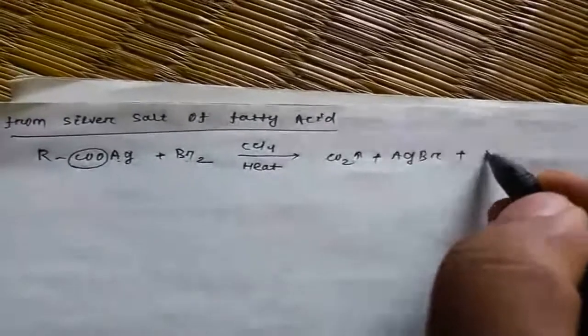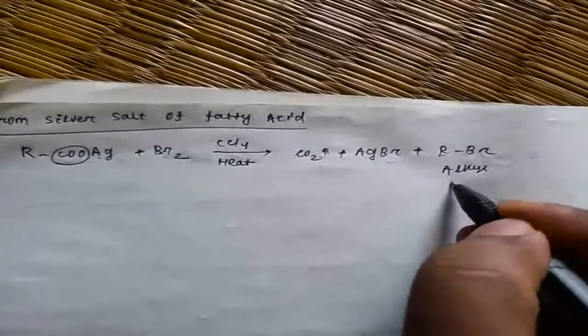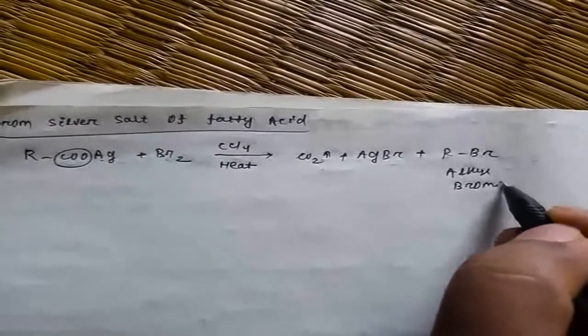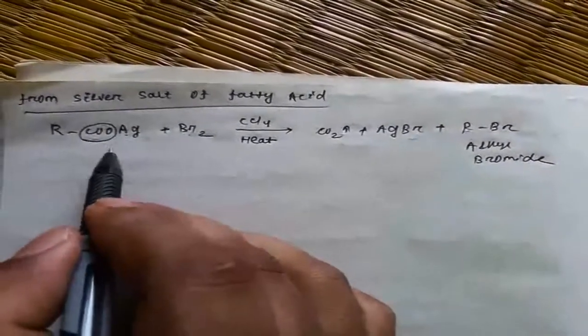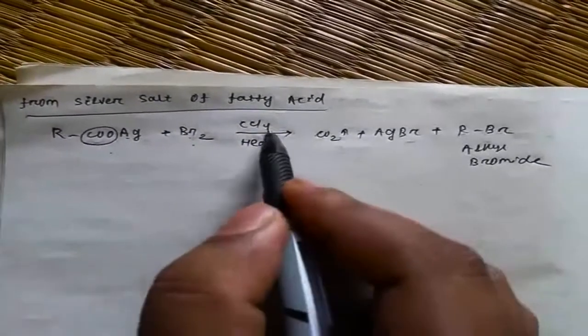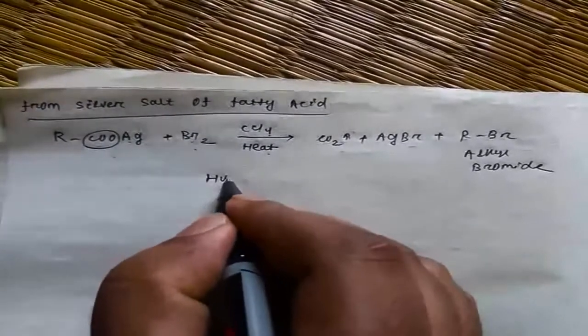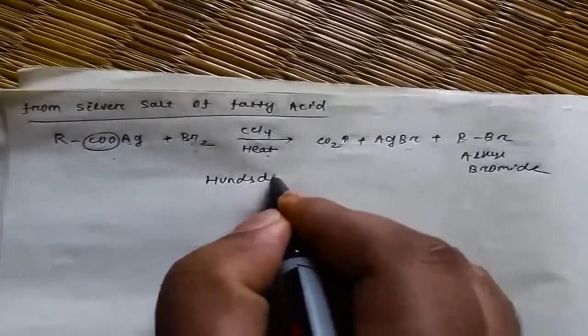The remaining is RBr, that is alkyl bromide. So the theory is silver salt of fatty acid reacts with bromine to give alkyl bromide in presence of CCl4 followed by heating. This reaction is called Hunsdiecker reaction.